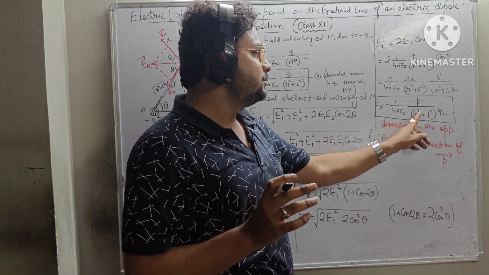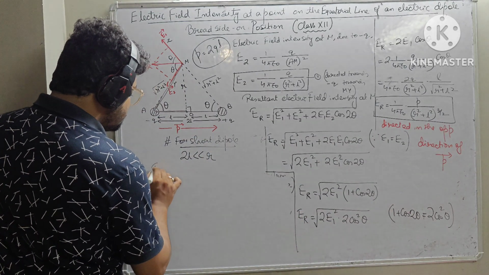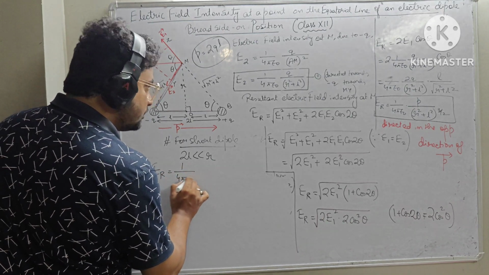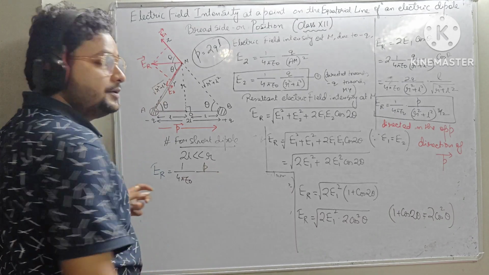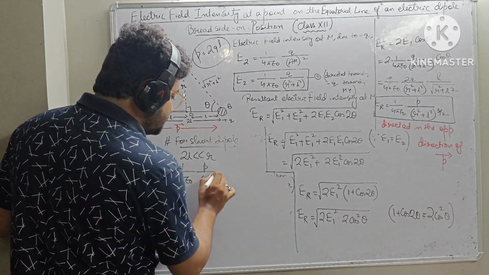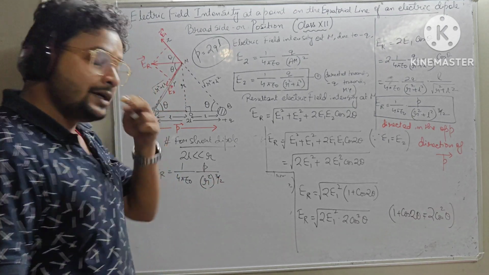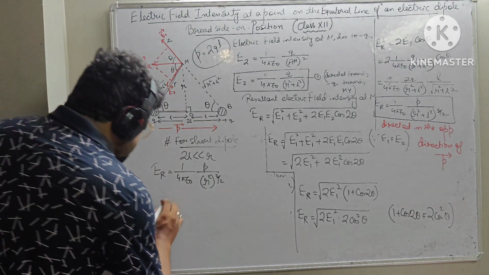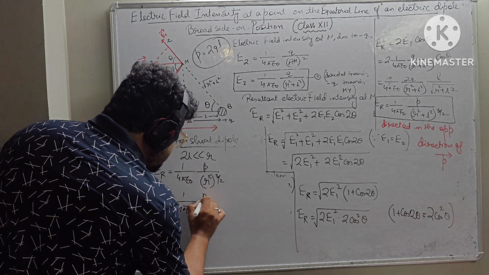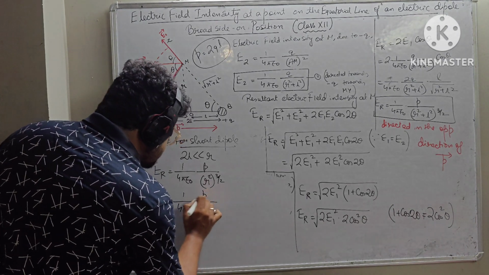So this one will become the resulting electric field intensity 1 by 4 pi epsilon naught P divided by R square to the power 3 by 2. Okay, R square to the power 3 by 2. So this one will become 1 by 4 pi epsilon naught P divided by R cube.